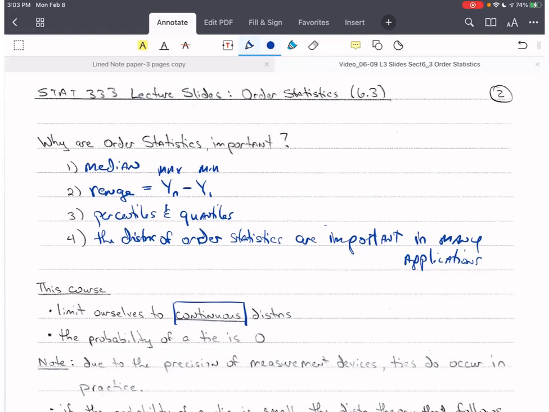Okay, now because we are going to consider continuous distributions, note that the probability of a tie is 0. So the probability that yi is equal to yj equals 0 for a continuous distribution.